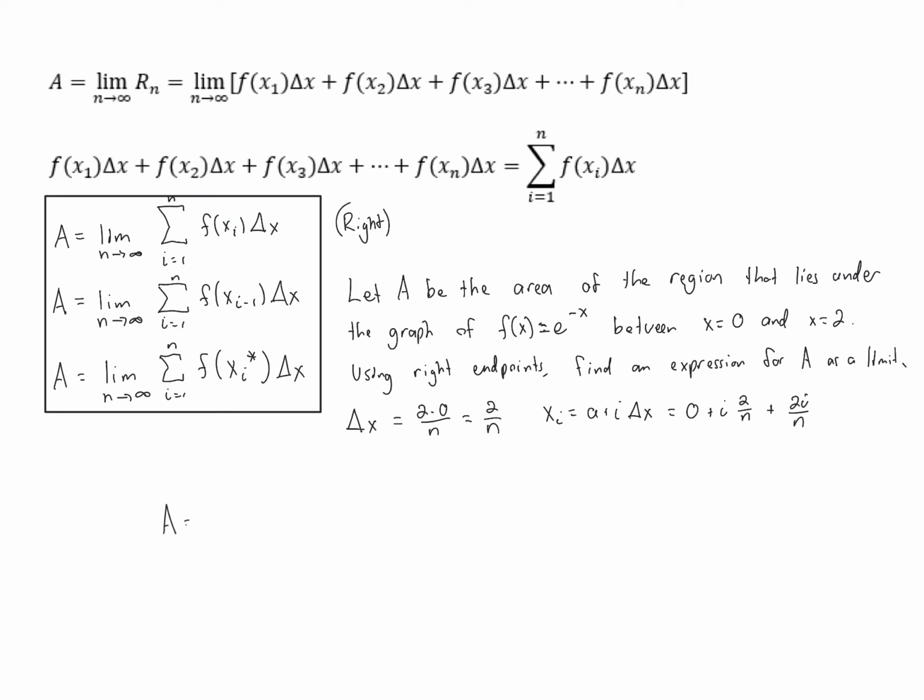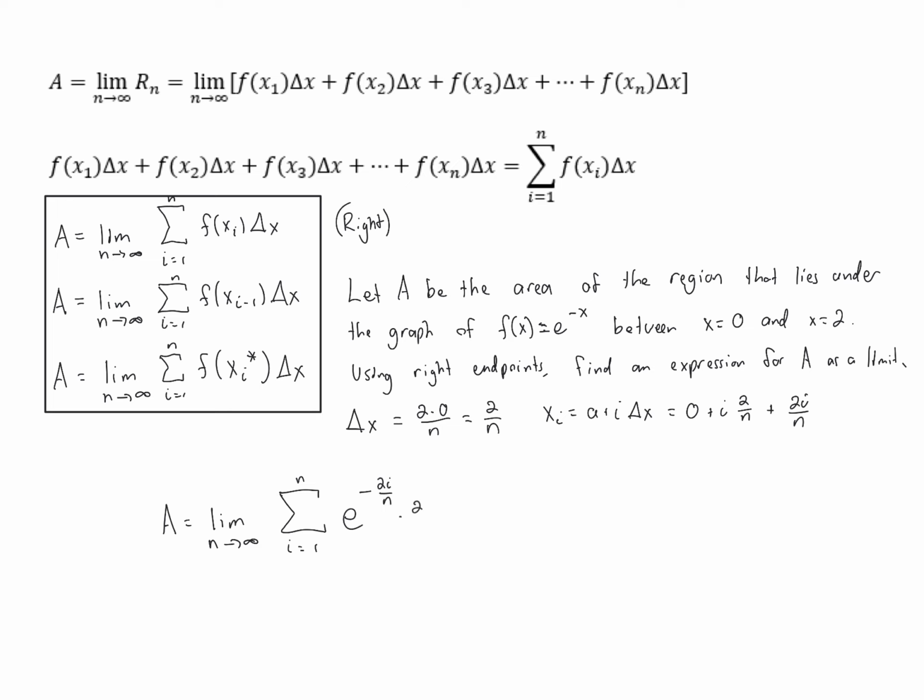The area is equal to the limit as n approaches infinity of the sum as i ranges from 1 to n of our function evaluated at x sub i. Well, the function, if you'll recall, is e to the negative x. So that's going to be e to the negative x sub i, which is 2i over n, times delta x. And in this case, delta x is 2 over n.